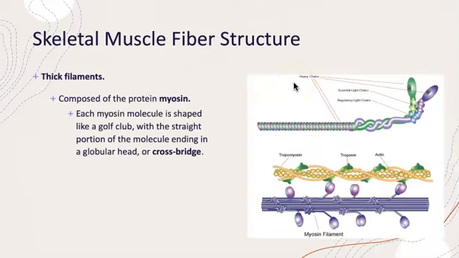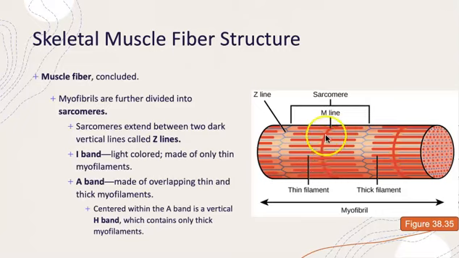Let's take a look at the structure of that thick myosin filament. So when we look at it, the molecule is shaped like a golf club, and the rest of it is going to be straight. And what we will have happen is that these myosin heads will attach to actin and eventually shift the actin molecule toward the M line.